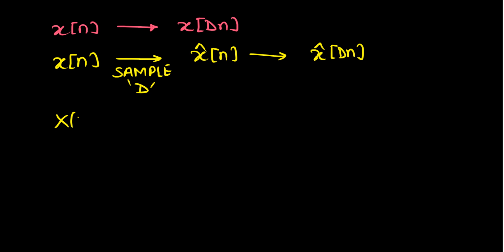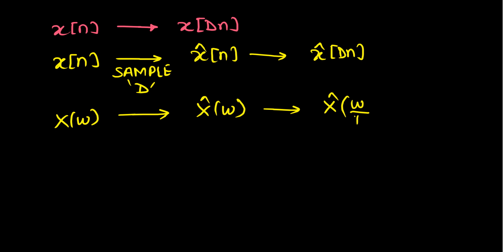Similarly, in the frequency domain we have x of omega, then we perform the sampling, we obtain x hat of omega, and then when we perform decimation we obtain x hat of omega by d.